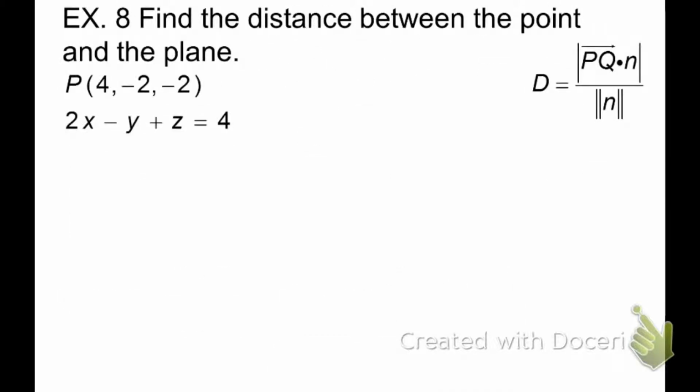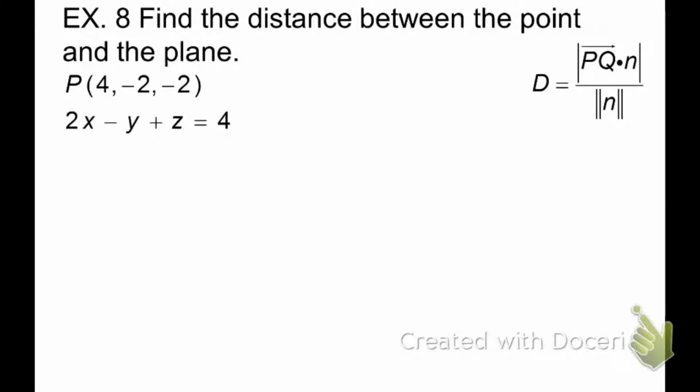Okay, so example 8, we're going to find the distance between the point and the plane. So we have a point 4, -2, -2, and a plane 2x minus y plus z equals 4. So point P is a point that is not on the plane. I need point Q, a point that is on the plane.